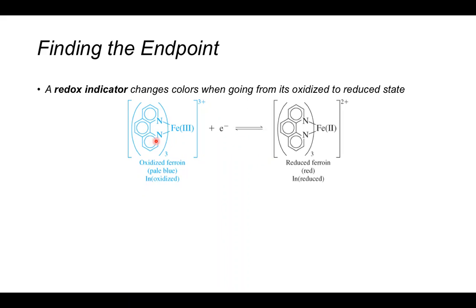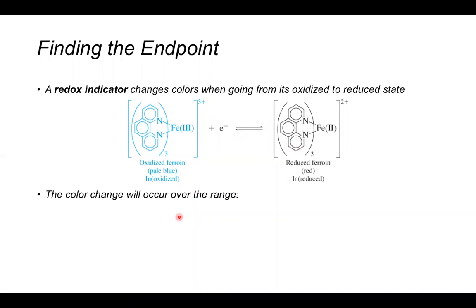It has a pale blue color whenever it is in the oxidized state. This is iron 3+. But if we were to reduce iron 3+ to iron 2+, we would see a change of color, and we would now have a red color for our solution because of the presence of this reduced complex.